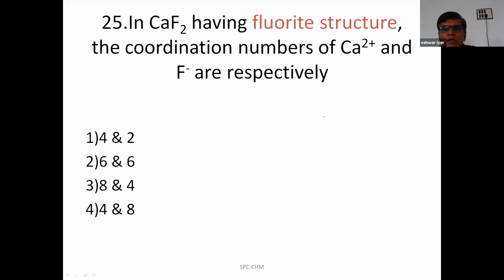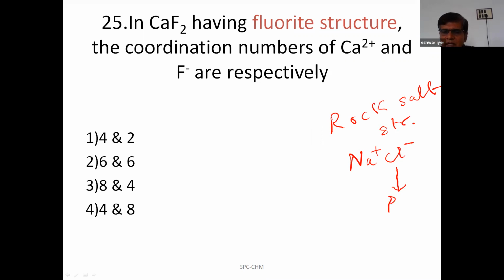There is one more type called rock salt structure, which is the same as NaCl. How do you imagine this? Chloride ions occupy FCC positions, that is, the 8 corners and the 6 faces.